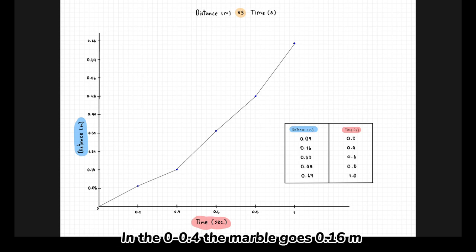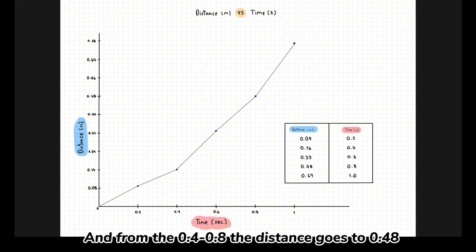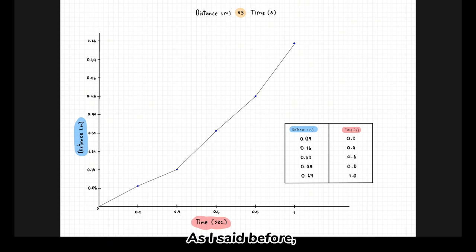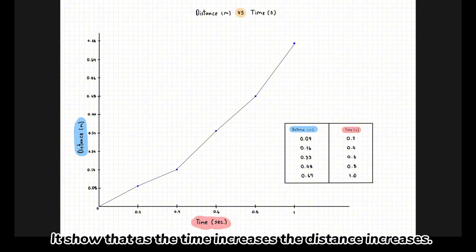From 0 to 0.4, the marble goes to 0.14 meters, and from 0.4 to 0.8, the distance goes to 0.48, and 0.8 to 1 second, the distance goes to 0.67. As I said before, it shows that as the time increases, the distance increases.